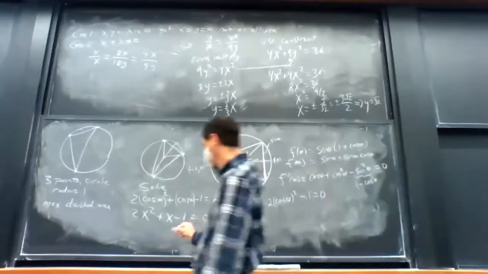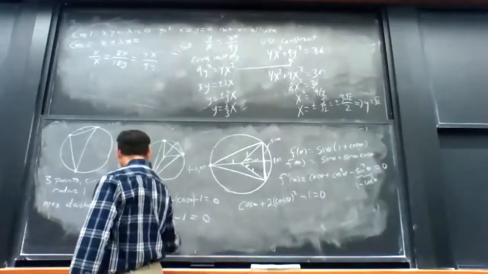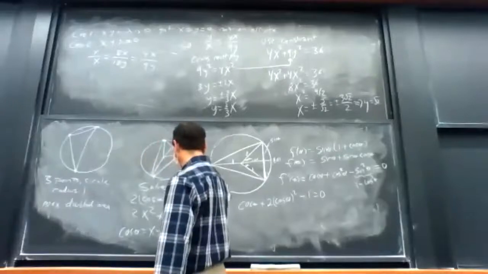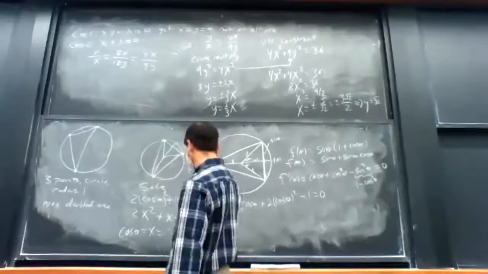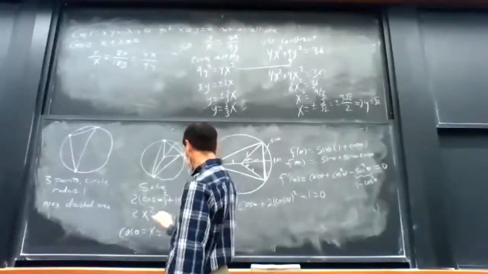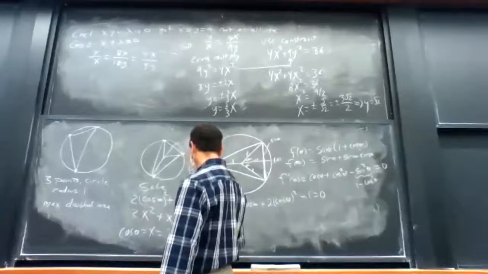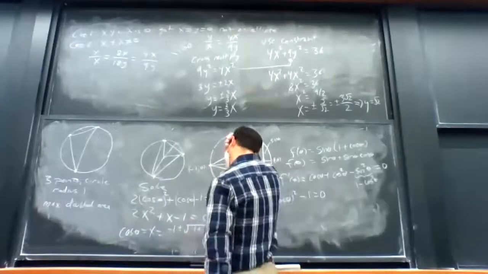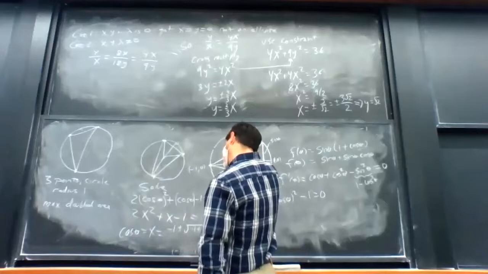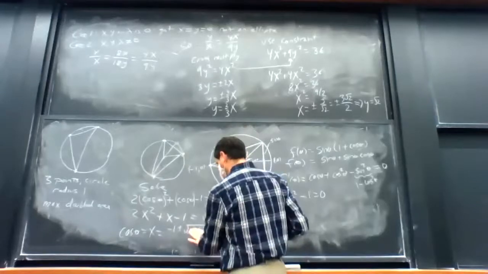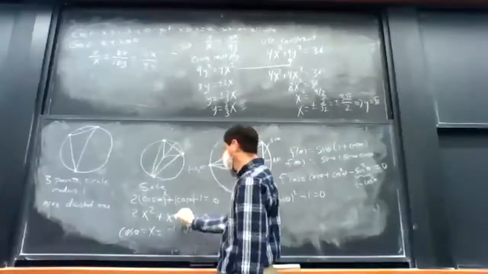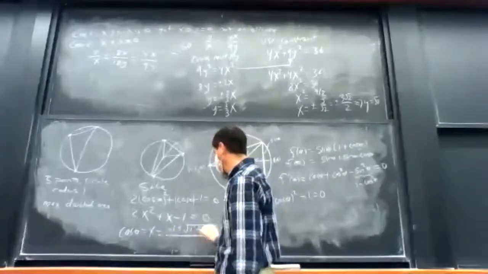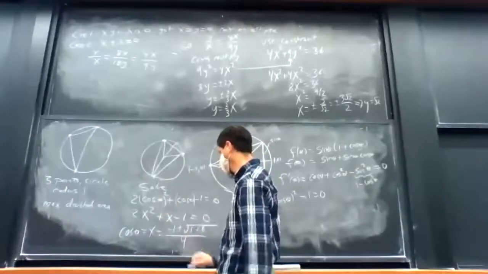But this, so cosine theta equals x equals negative b plus or minus the square root of b squared minus 4ac, over 2a. b squared is 1, minus 4ac, which is plus 8, divided by 2a, which is 4.